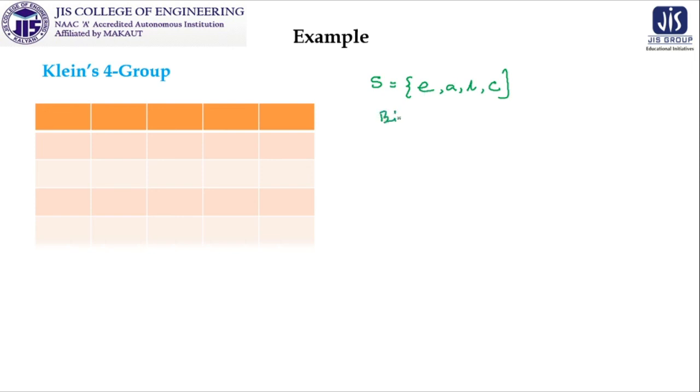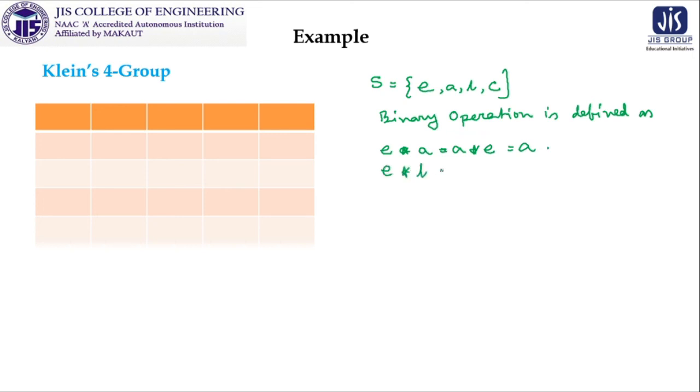Here the binary operation is defined as follows. E composition, I write it as star, E composition A is A composition E as A. It is defined to you, you have to just observe this.